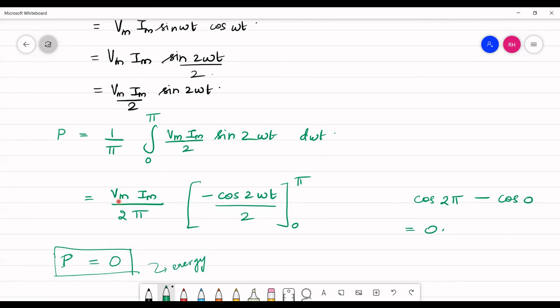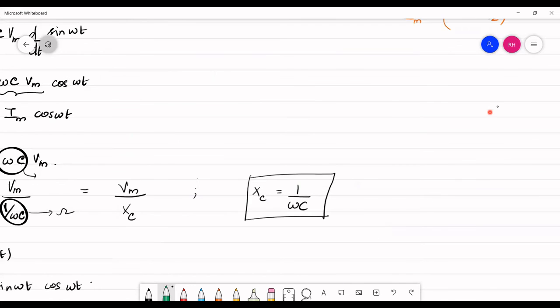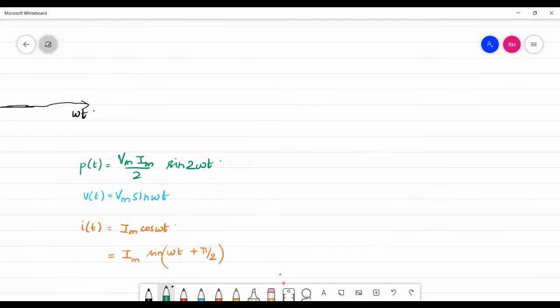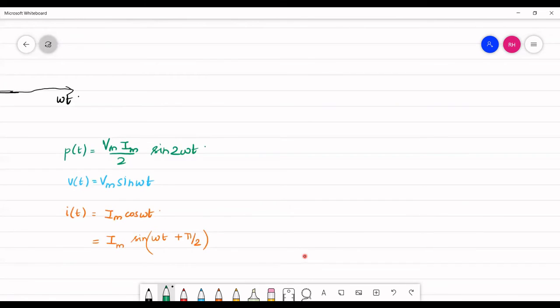In other words, whatever power you supply from the source to a capacitor, everything is stored in the form of energy. And now let me introduce you to the phasor diagram of a capacitive network. Convert the voltage and current into phasor. Converting voltage into phasor, we'll have Vm divided by root 2 angle 0. And converting the current to phasor, you'll have current I equal to Im divided by root 2 angle pi by 2.